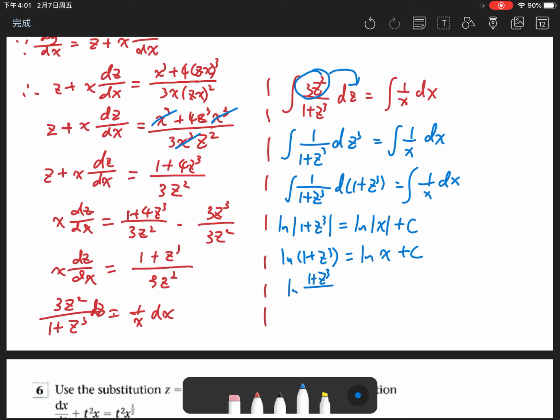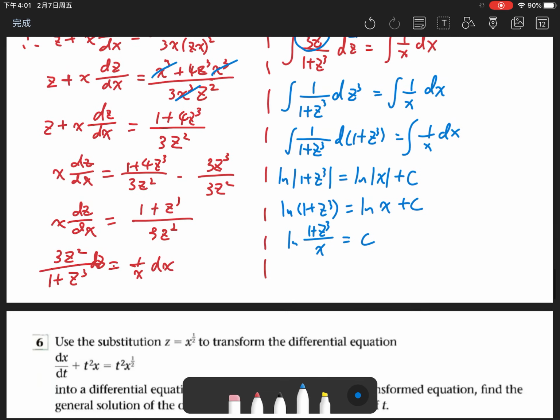After that it becomes ln of (1 plus z to the power of 3) over x equals constant c, and using the definition of ln, it becomes 1 plus z to the power of 3 over x equals e to the power of c. So you can let a be e to the power of c, so a is greater than 0, and it becomes (1 plus y over x) to the power of 3 equals a times x.